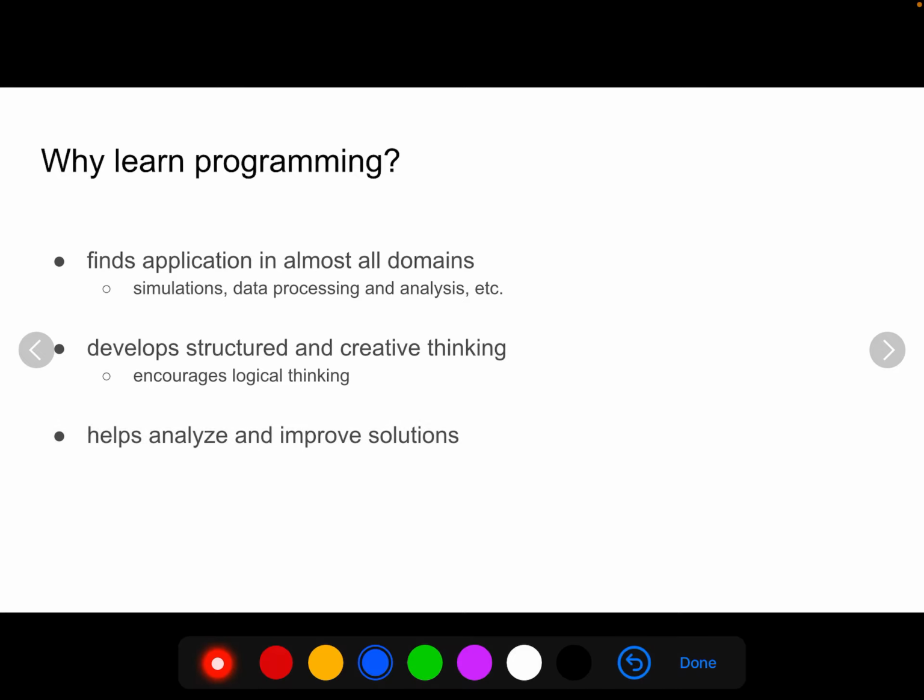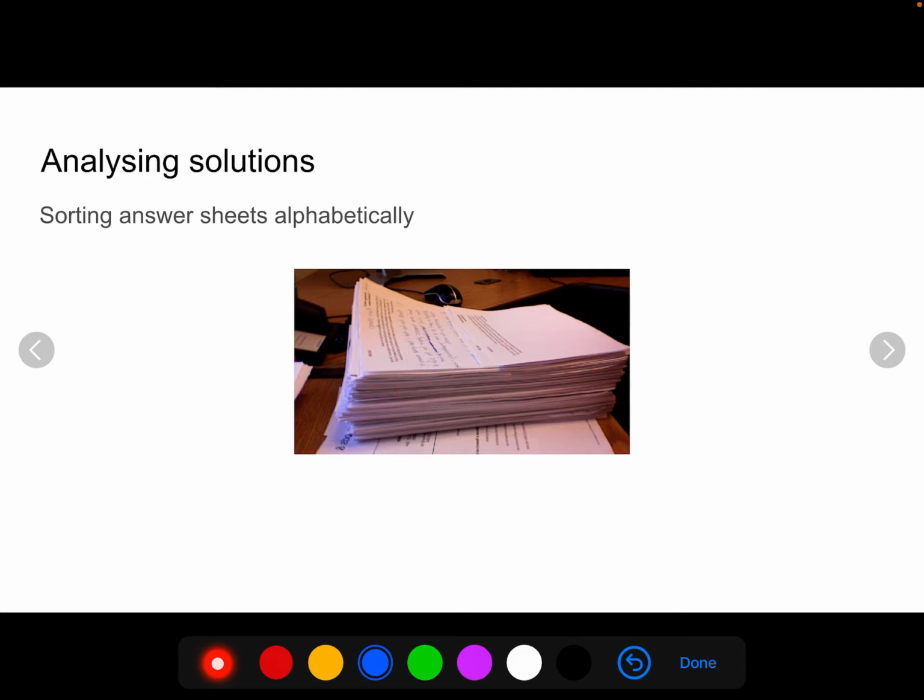How is that possible? Let's see with an example. Let's imagine that you have been given the task of sorting answer sheets alphabetically. Once the exam gets over, you collect all the answer sheets, right? Then it's not sorted in any order, but you have been asked to do some sorting here. There are different techniques, right?